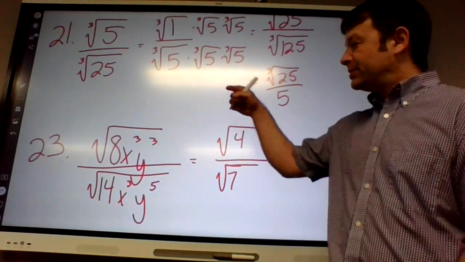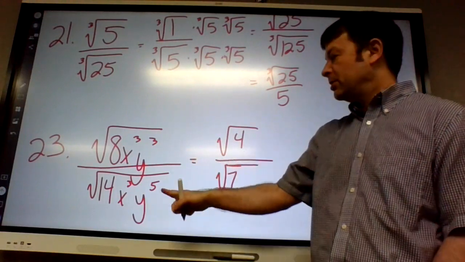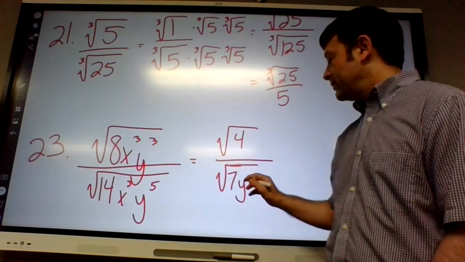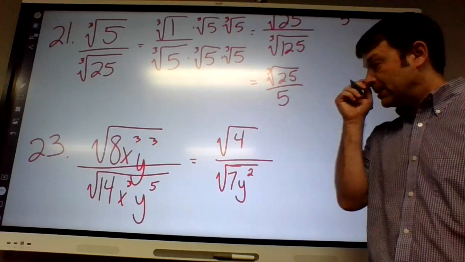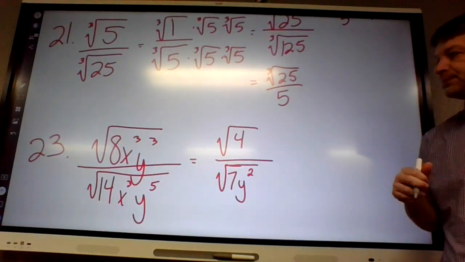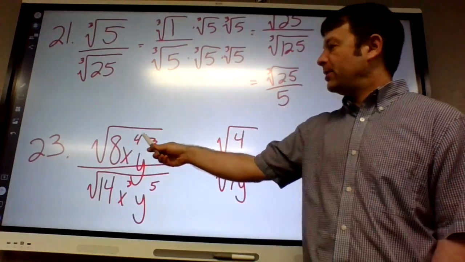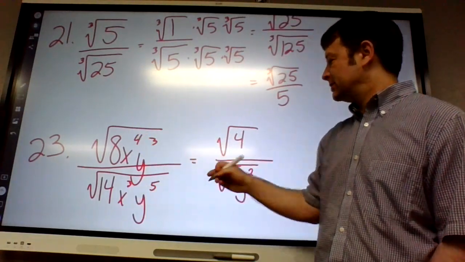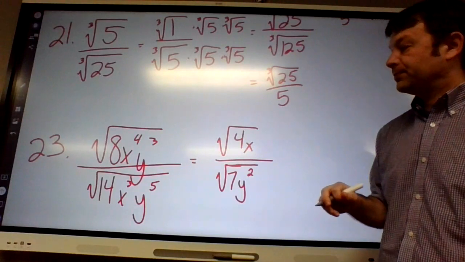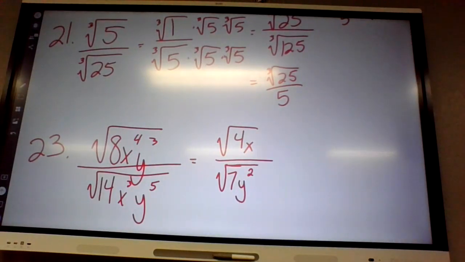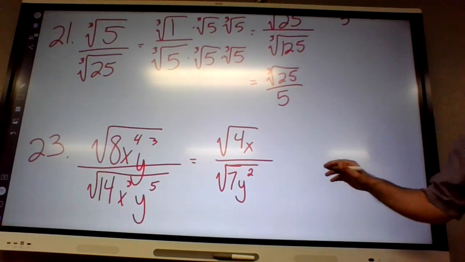Y to the second on the bottom. Wouldn't it be negative? It'd be y to the negative 2, or y to the 2 on the bottom. Oh, Mr. Jordan, the top x is the x to the 4th, not x to the 3rd. Okay, what's 4 minus 3? 1, so there's 1 x on top.